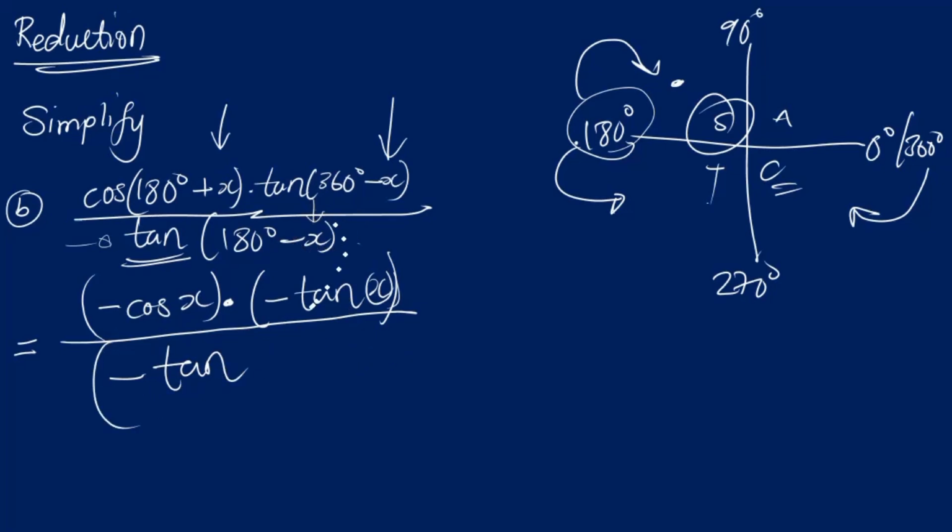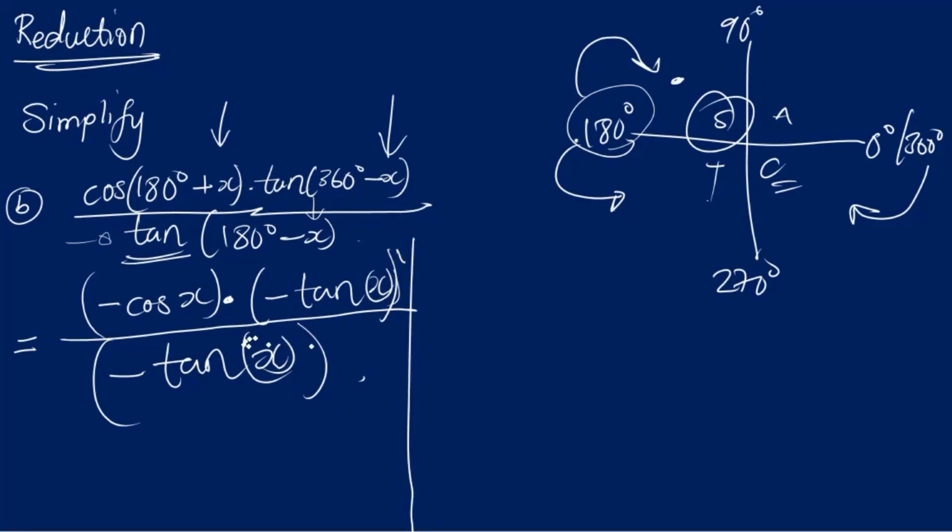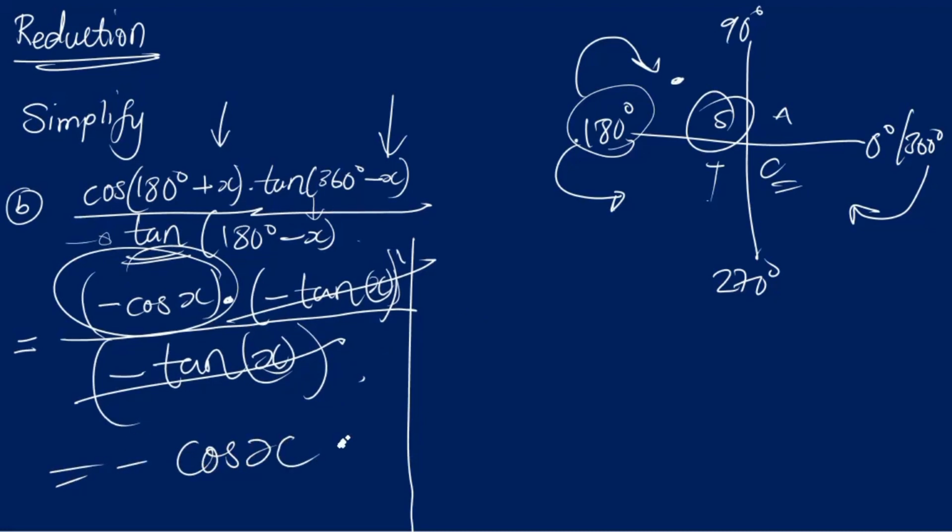Of this angle here, x. Right there. So my negative tangent x will cancel my negative tangent x, and I'll be left with the negative cosine. My answer is a negative cosine of x. Beautiful, guys, beautiful. It's as easy as that. I hope you're good. Let's move on to the next thing now.